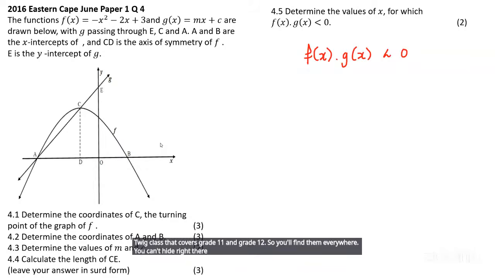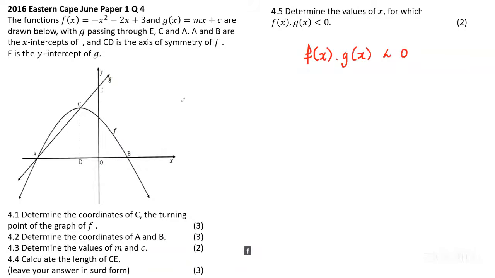F of x dot g of x less than 0. I read the question: determine the values of x for which f of x dot g of x is less than 0. Listen to this. When f of x dot g of x is less than 0, you are dealing with a negative concept.